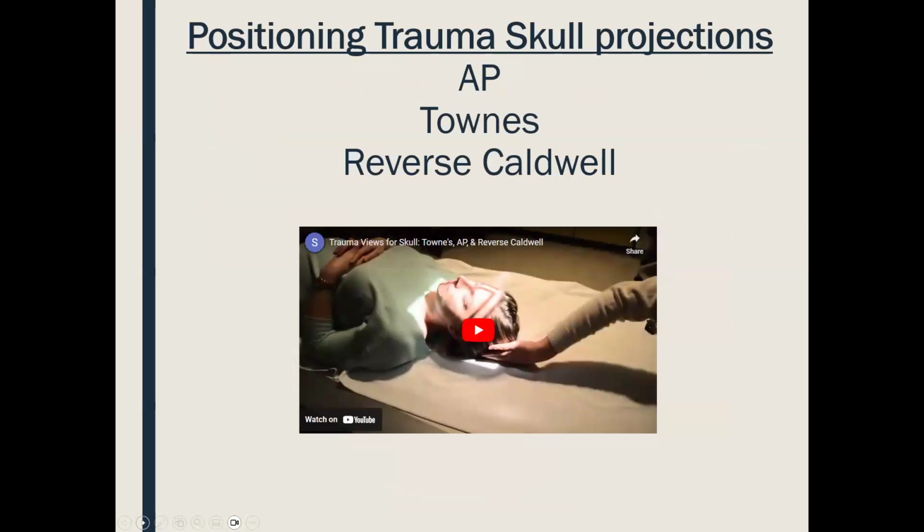This is just a video of how to do this. I will let you guys look at this on your own, how to do this AP Towns or reverse Caldwell procedure. Watch the video. It's 4 to 5 minutes long, I think. Yes, and in this video, the young lady always talks about an angle liner.